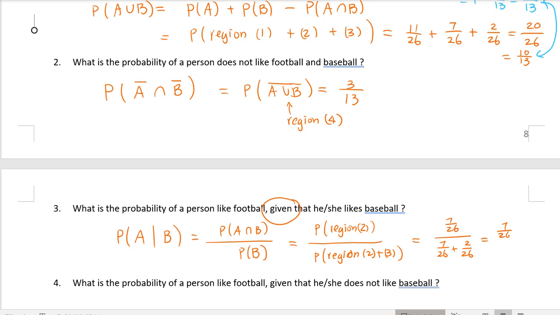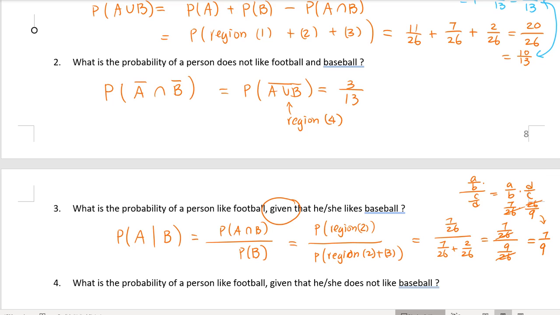So that's 7 over 26 over 9 over 26. 26 cancels, so we just get 7 over 9. Is that okay, everyone? Why 7 over 9? Because A over B over C over D is the same as A over B times D over C. So you can think of this as 7 over 26 times the reciprocal, 26 over 9. So 26 cancels, so 7 over 9 right here.